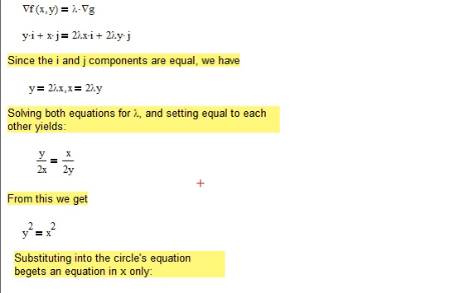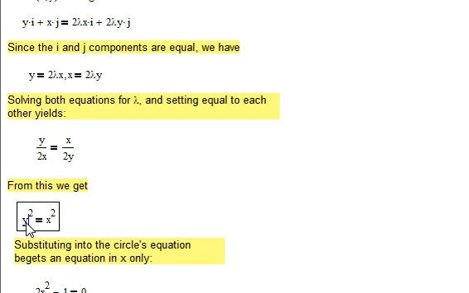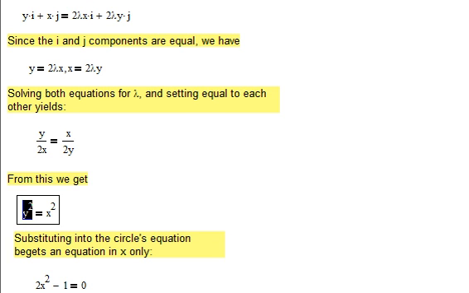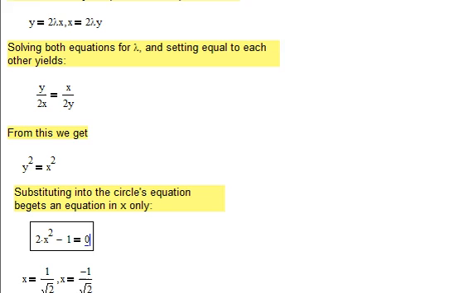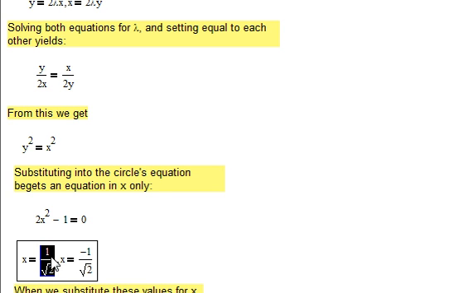If we substitute that into the equation of the circle, x squared plus y squared equals 1, and substitute for the y squared, although we could substitute for the x squared and come to the same conclusion, we get 2x squared minus 1 equals 0. Solving that for x, we get x equal to 1 over the square root of 2 and negative 1 over the square root of 2.